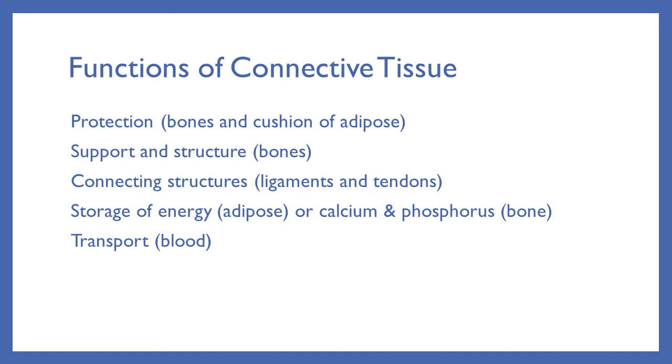Structures are connected by ligaments and tendons. You have some joints that they're primarily held in place by tendons. Adipose cells, they can help us store energy. Calcium and phosphorus can be stored in our bones. And it helps with the transport of oxygen whenever we're talking about blood. So these are all functions of connective tissue.